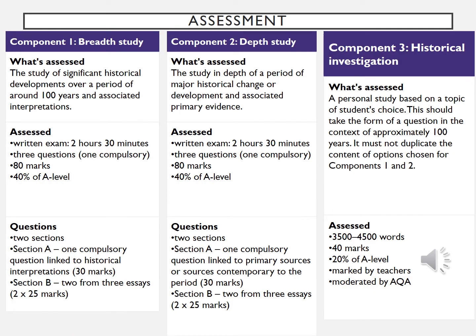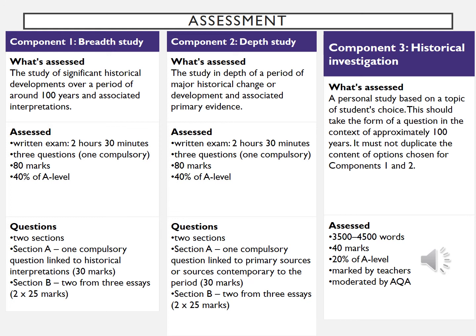So the exam itself is fairly straightforward. You will have paper 1, which is your Tudor paper, and paper 2, which is your American paper. Both papers you will have a compulsory question, source-based question, worth 30 marks.